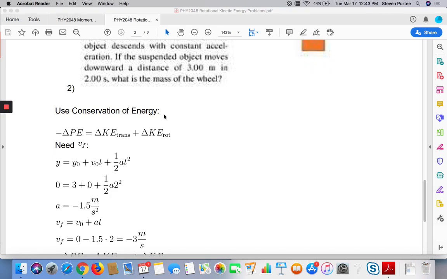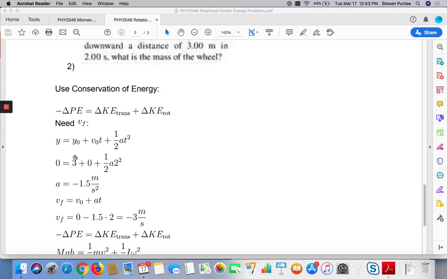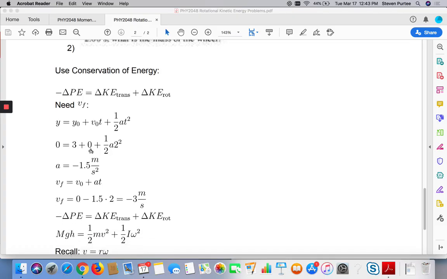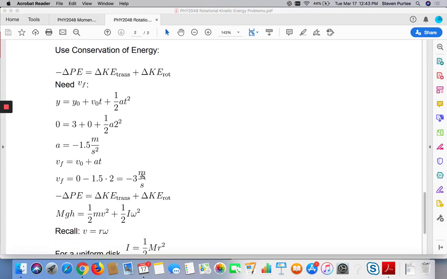So we need first to find our final velocity of the mass dropping. So we just use kinematics to do that. We're told our time, we're told our change in height. We can find our acceleration. From that, using Vf equals V naught plus at, we can find our final velocity.